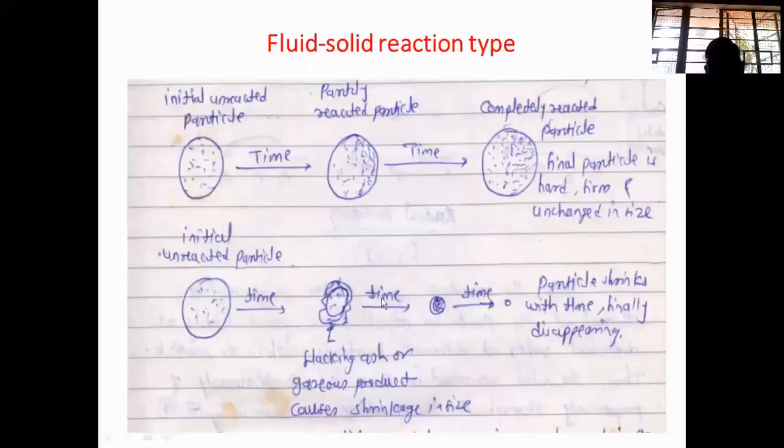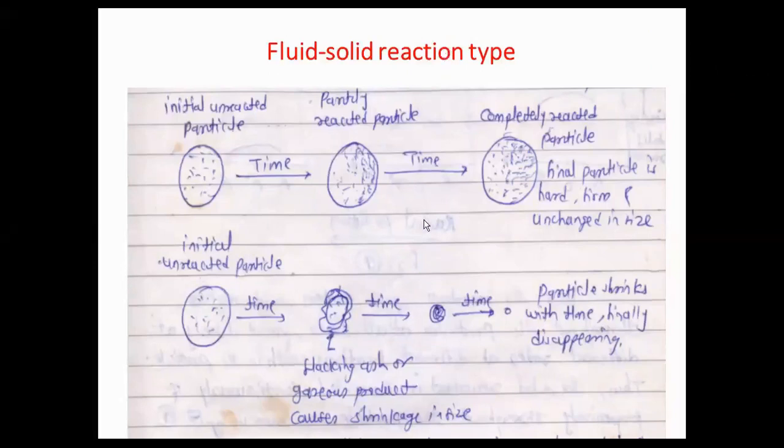Then the surface again reacts with the fluid, meaning the size of the solid goes on decreasing, and after some time this particle shrinks with time and finally disappears. After the reaction finishes, all the solid will have disappeared.